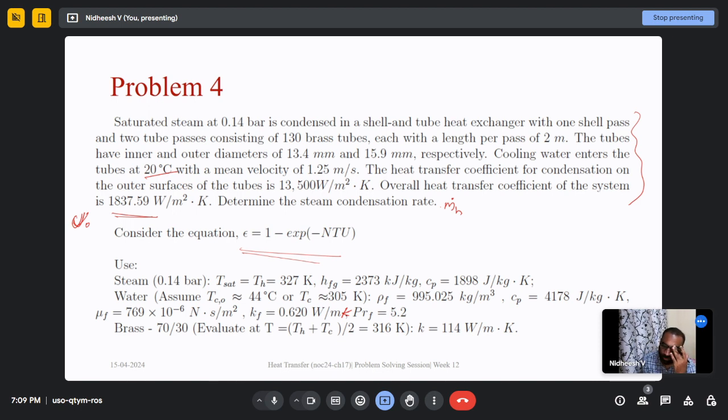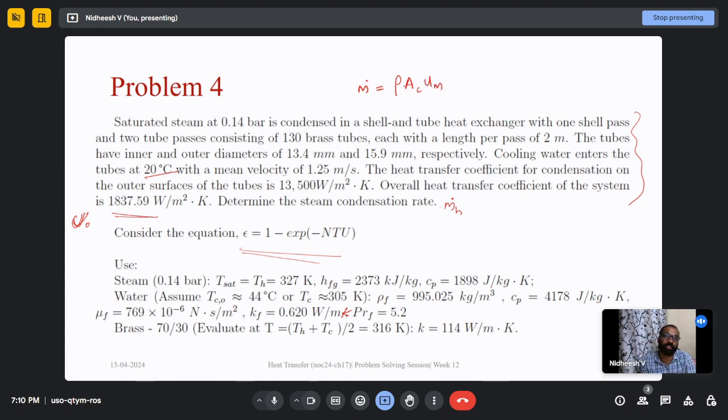The cold fluid is flowing through tubes, 2 pass tubes, and there are 130 such tubes, and the mean velocity of cold water in each of these tubes is known to us. So mass flow rate we can write as the density of water into cross-sectional area into the velocity, mean velocity.